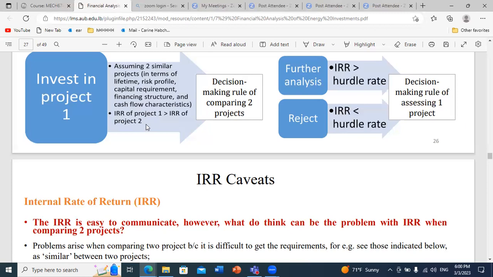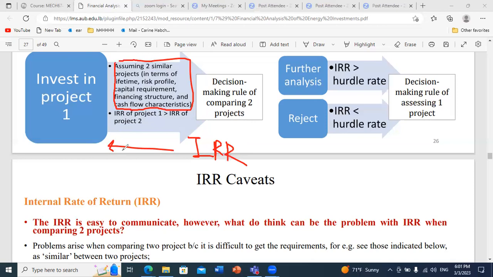If you are comparing two projects with all factors common except the IRR, the larger the IRR, the larger the range of discount rates you have to work with. The farther you are from the IRR, the better.